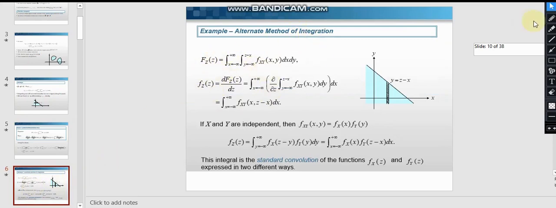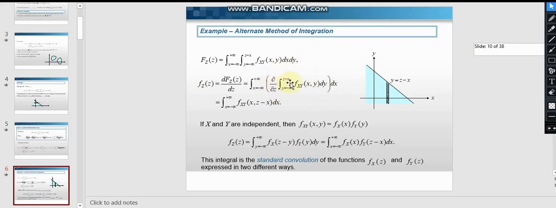So this is the alternate way. In the alternate way, we can take a strip from minus infinity to this point, y is equal to z minus x. First we will integrate along the x-axis from minus infinity to infinity, then along the z direction we will integrate from minus infinity to this point, y is equal to z minus x. Again, to find the PDF, we will take the derivative of this CDF. This expression can be solved by Leibniz theorem.